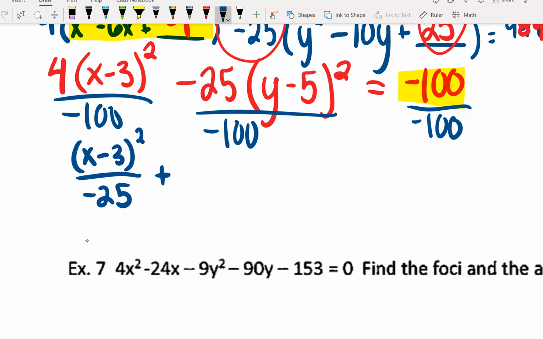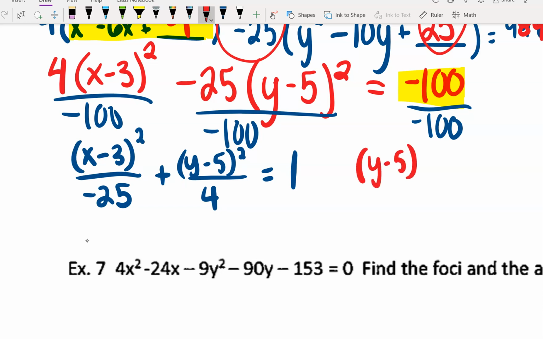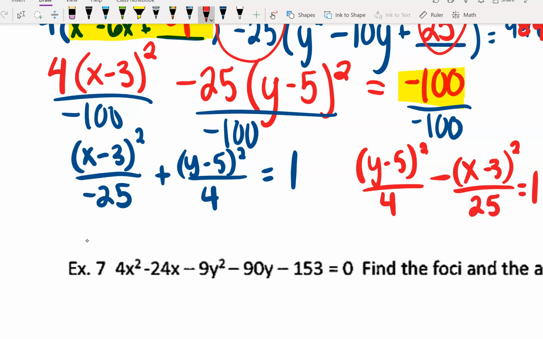For this one, we'll get positive 4 on bottom. And then we'll get equal to 1. We're almost done. This just isn't the proper way to write this. We should always have a negative in between these. So we're going to switch the order and put the y first. It's going to be y minus 5 squared over 4 minus x minus 3 squared over 25 equals 1. And that's the proper way to write it.